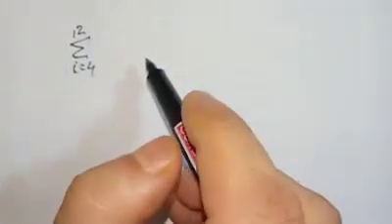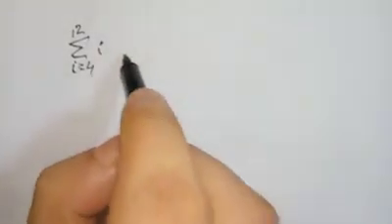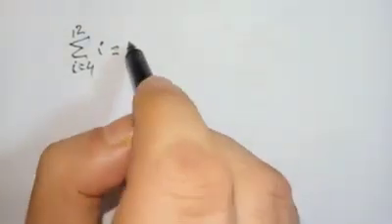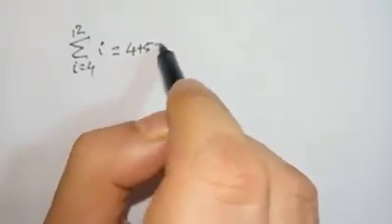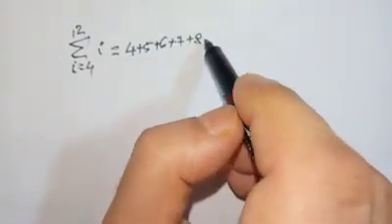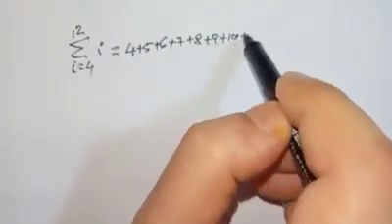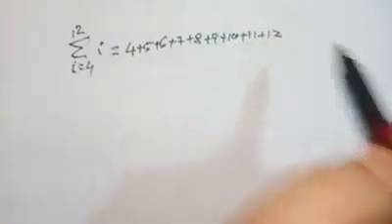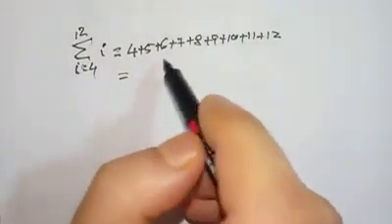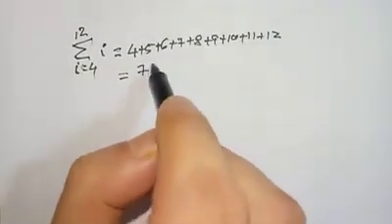Now if I want to expand this part, and this is I, right, it would start with 4, so it would be 4 plus 5 plus 6 plus 7 plus 8 plus 9 plus 10 plus 11 plus 12. So it will go on till 12, right? And we can find out through a calculator, otherwise the sum is 72.